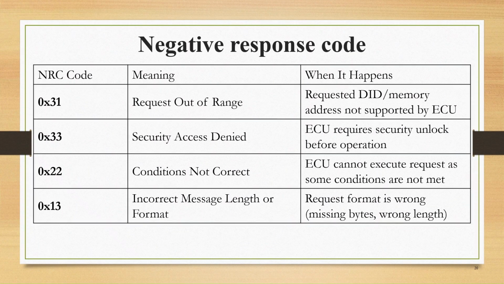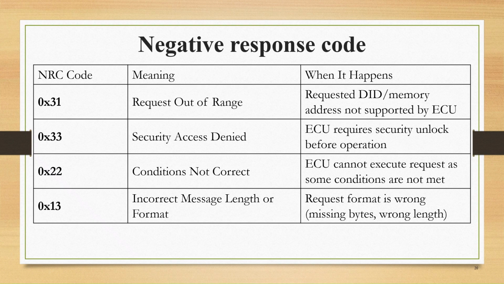Moving on, the negative response codes. Here you can see some of them. 0x31 stands for request out of range, if the requested DID or the memory address is not supported by the ECU.